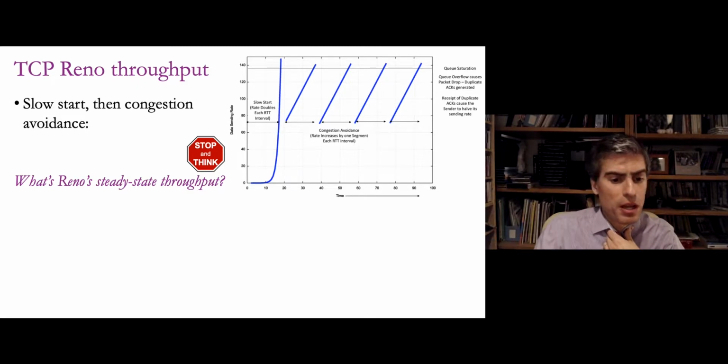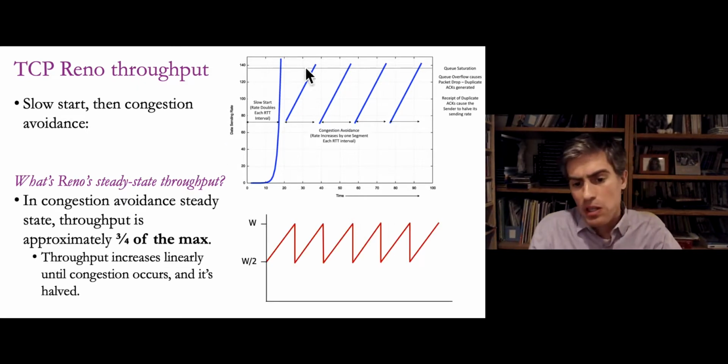Well, I hope you thought about that. If we look at this abstractly, we can use the variable W to refer to the maximum throughput of the network. We're moving between W and W over 2, the maximum and half the maximum, in a sawtooth pattern. So we're going up with a certain slope. The exact slope will depend on what the round trip time is and what the maximum packet size is, but it's the same slope every time.